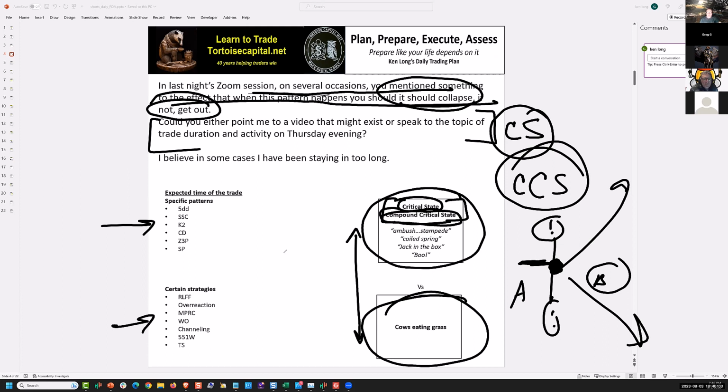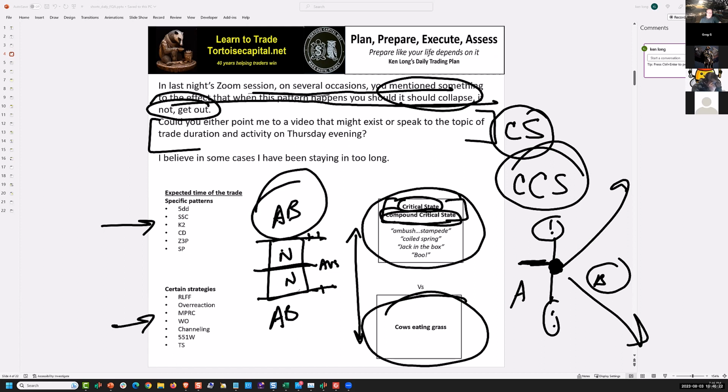So if I have a standard behavior, and this is the average behavior, and this whole thing is the normal zone, then I have the abnormal zone when things are either abnormally volatile or abnormally quiet.